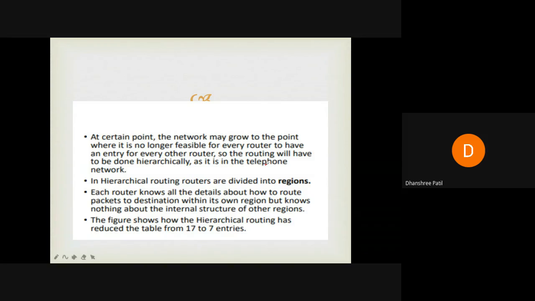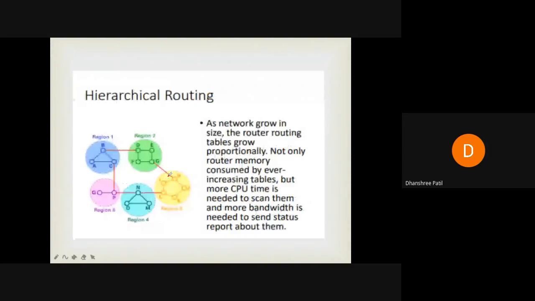So the routing will have to be done hierarchically. For that purpose, hierarchical routing is used. Now, how is it used? Instead of having one network for all these nodes, it is divided into a number of regions. See the figure. You can see here region 1, region 2, region 3, then region 4 and region 5.